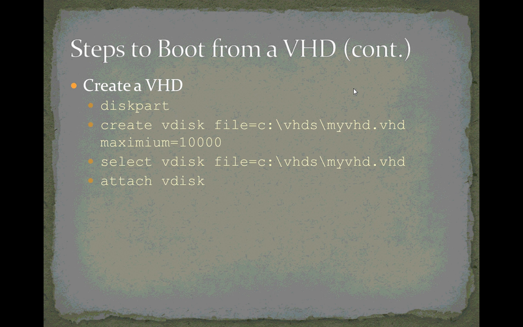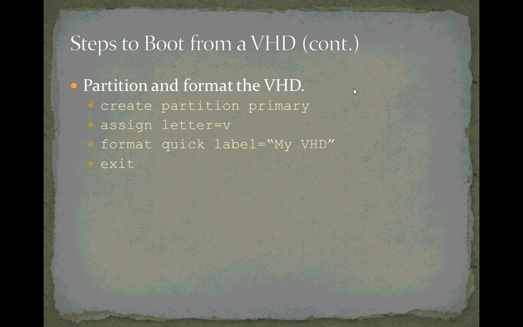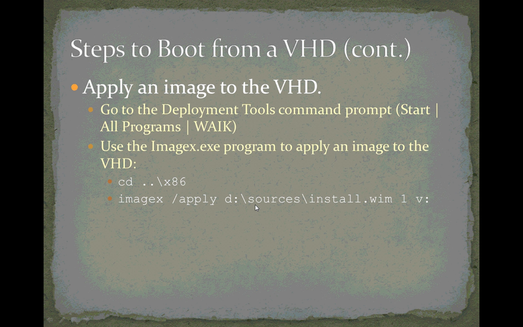We looked at the steps for creating a virtual hard disk. We used the DiskPart command line utility in the first video to do that, and we also partitioned and formatted the virtual hard disk. Now what we're going to do is apply an image to the virtual hard drive. In order to do this, we will need the Windows Automated Installation Kit, which is the free download I mentioned earlier from Microsoft.